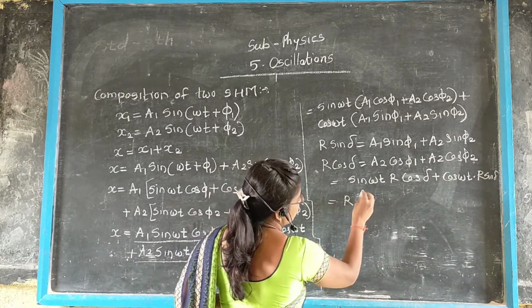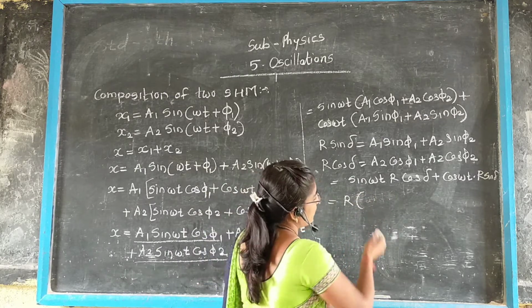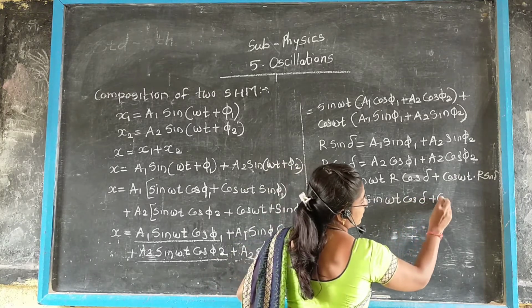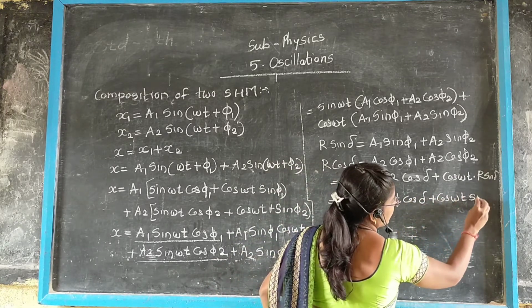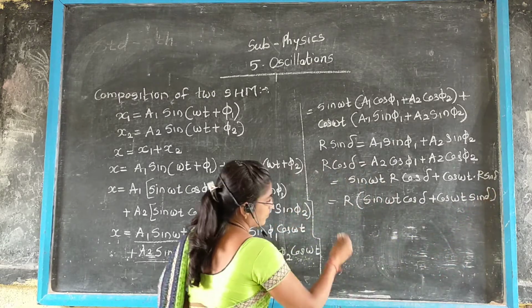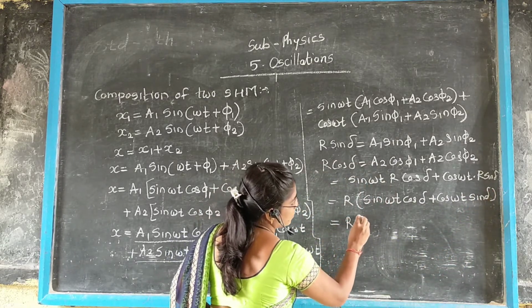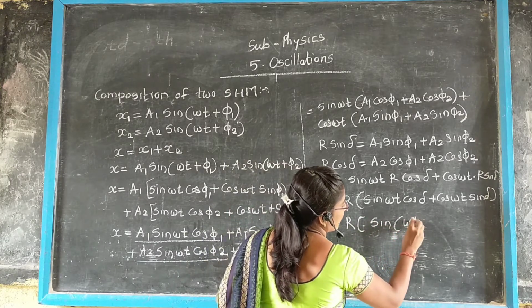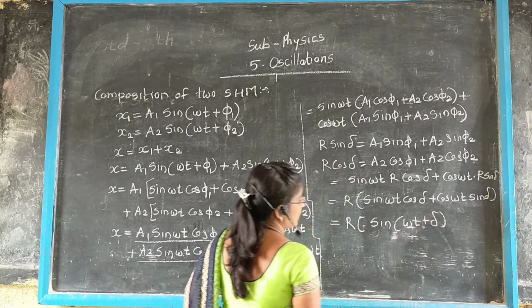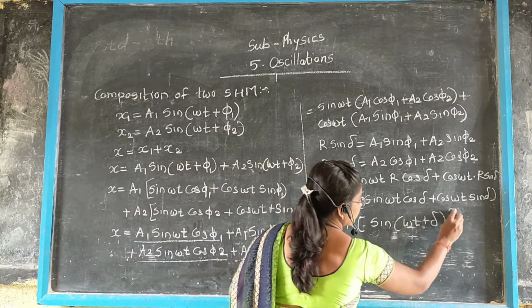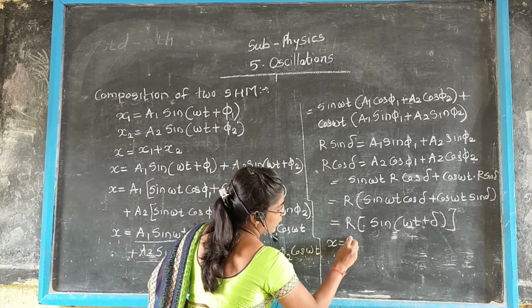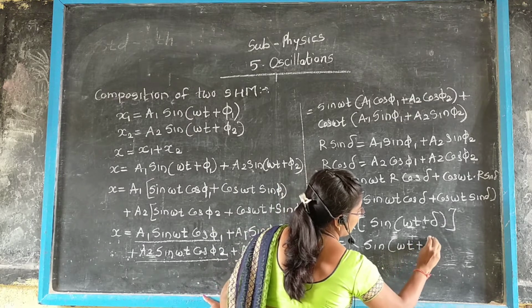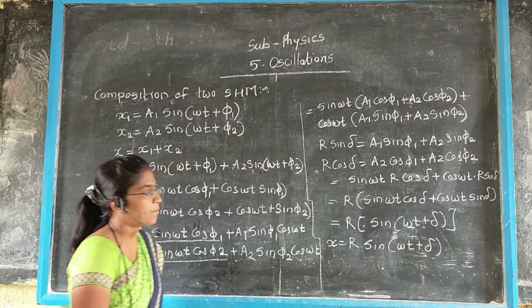Taking r constant outside as common, r [sin omega t cos delta plus cos omega t sin delta]. We get x is equal to r sin(omega t plus delta).